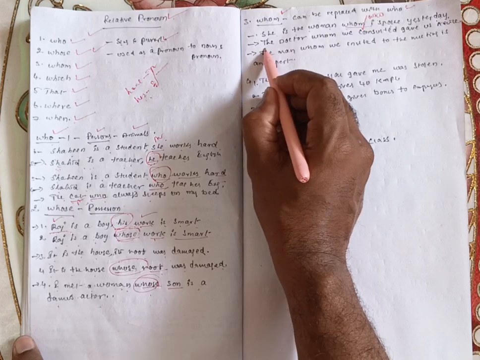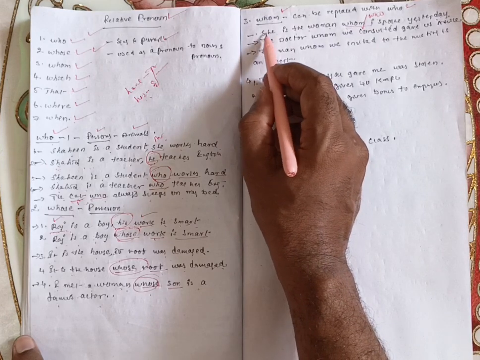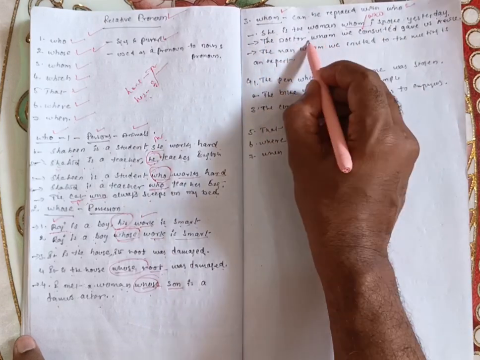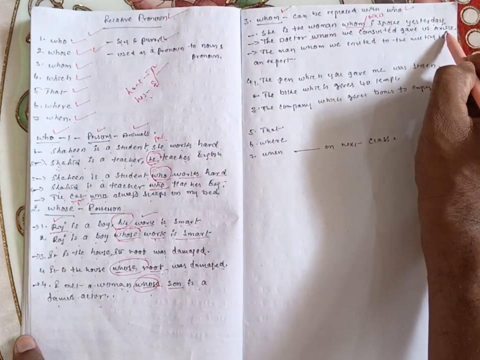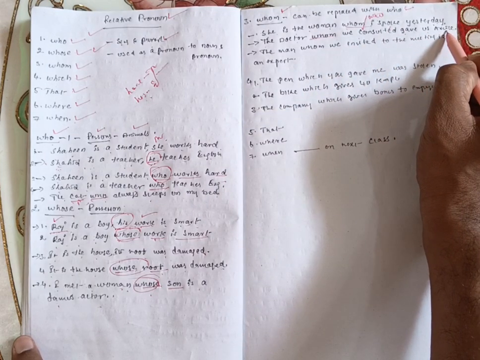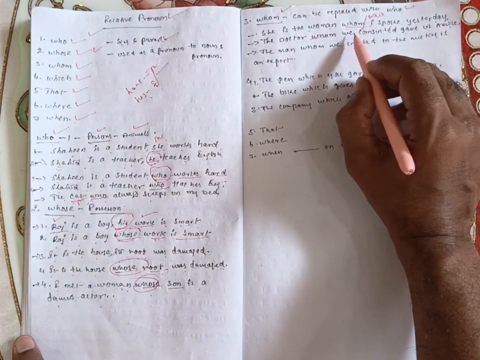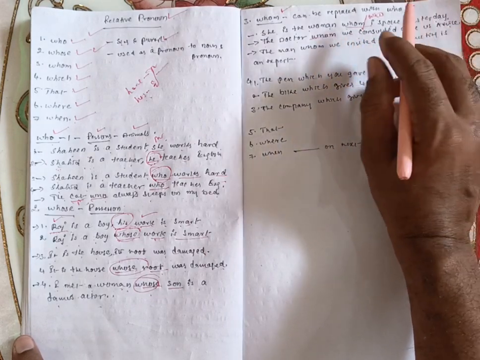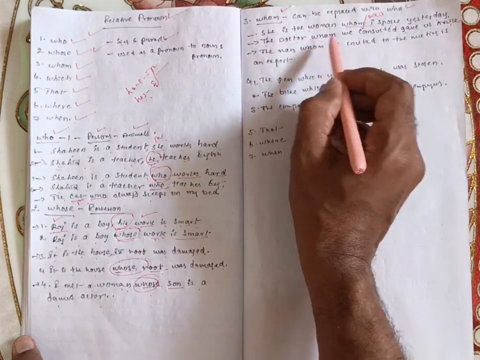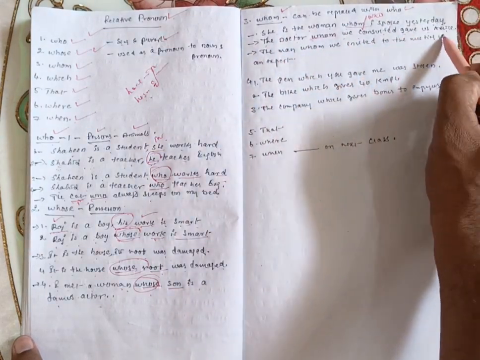Next, the doctor whom we consulted gave us advice. It means there is a doctor, we consulted him, and he has given advice. So instead of saying that much of a sentence, we can say: the doctor whom we consulted gave us advice.